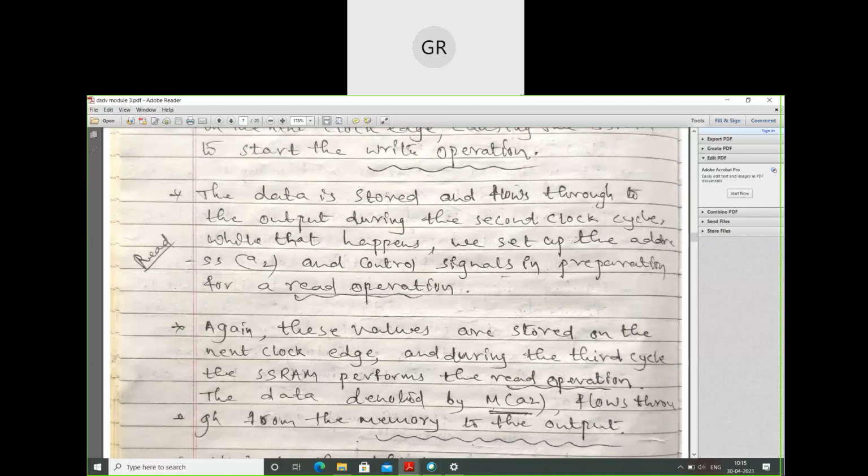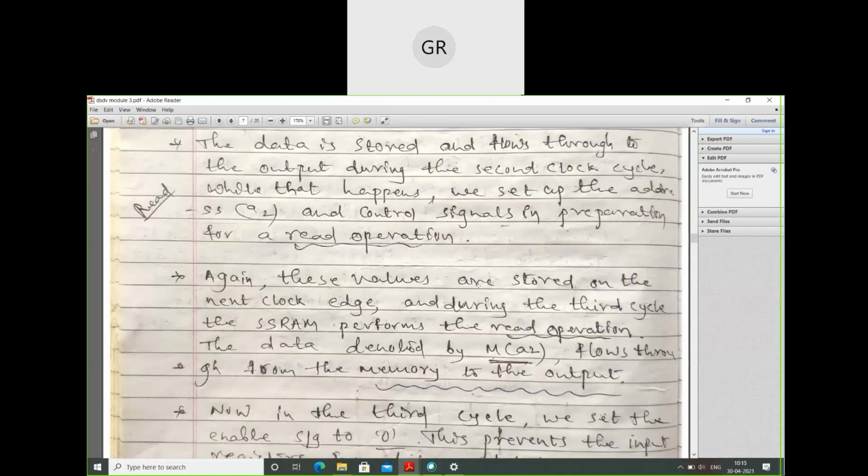Again, these values are stored on the next clock edge, and during the third cycle the SSRAM performs the read operation. The data denoted by M of A2 flows through from the memory to the output.